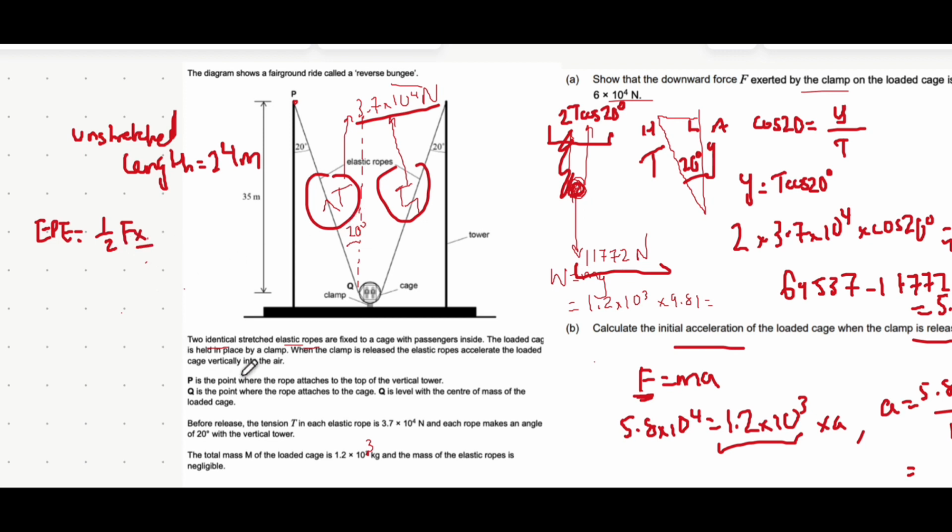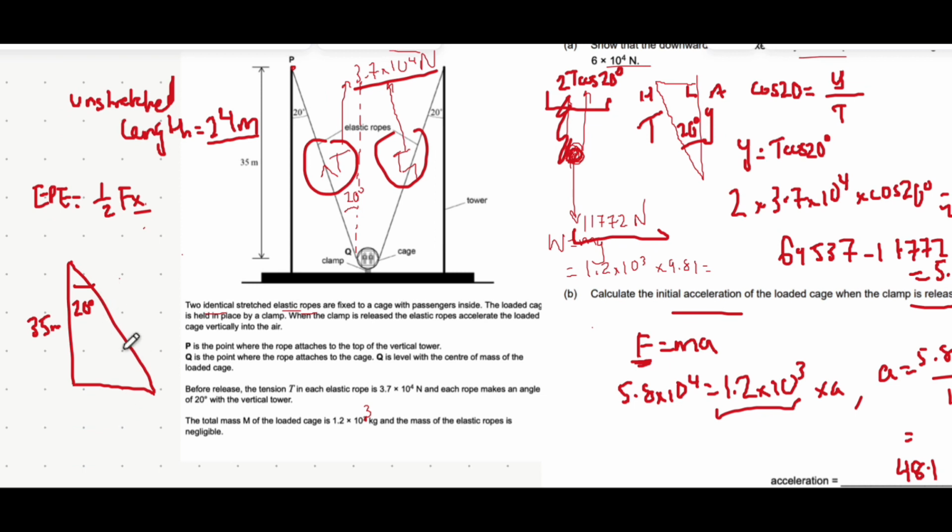How do we find that extension? Well, if we find the length of this string PQ when this force is acting on it, by creating our own right angle triangle, since we know the vertical height is 35 meters and we know this angle here is 20 degrees, we can focus on finding this length PQ, and then subtracting the unstretched length from this stretched length, we get the extension.